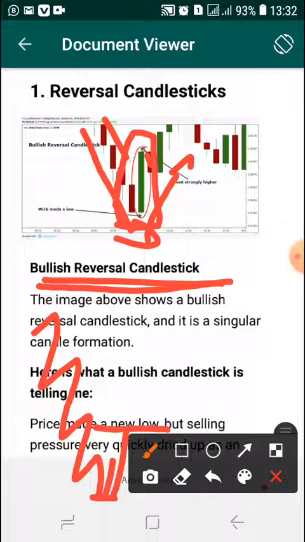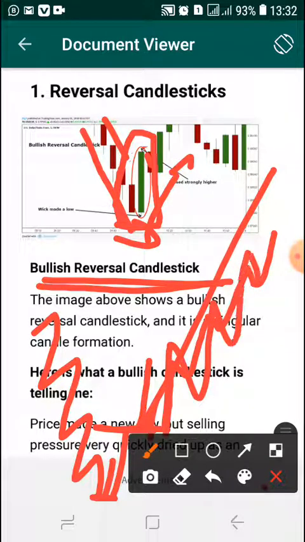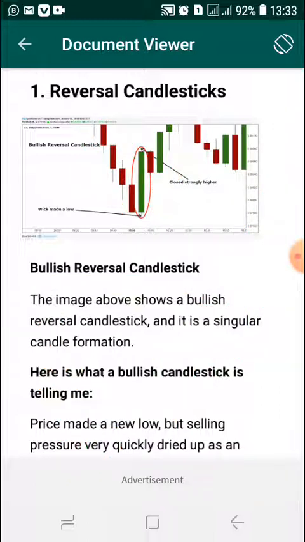When this bearish candle closes, there's a possibility that the next one would also go up. But sometimes there is a retest candle, and after a retest, the market can start to shoot up. Remember, the market doesn't go straight like this. It ranges. It goes impulse, reverse, impulse, reverse, impulse, correction, impulse, correction, impulse, correction.